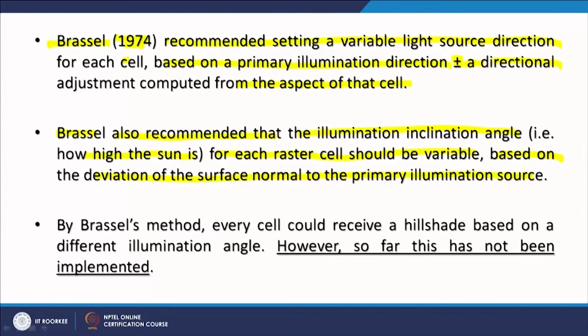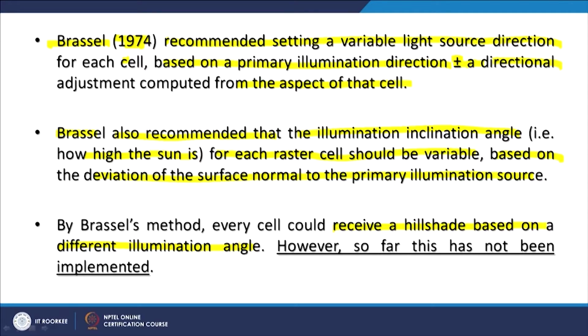And with this method developed by Brassel, every cell would receive a hillshade based on a different illumination angle. So in case of single source illumination, or in conventional hill shading, we keep both things constant, that means the illumination direction as well as the elevation.